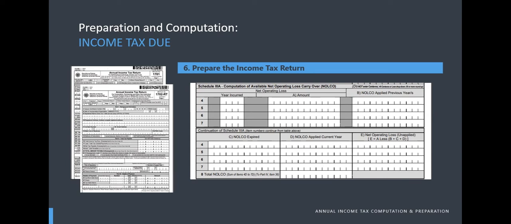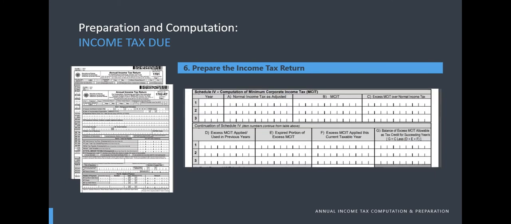That would be on letter E, then the unapplied portion. The manner of presentation here in the ITR must also be disclosed in the financial statements.